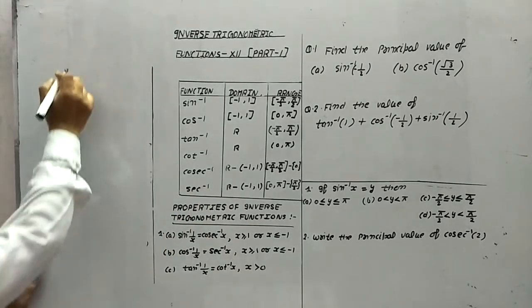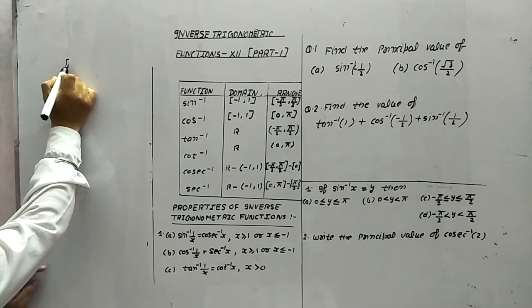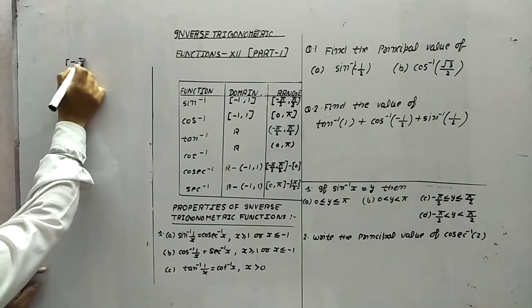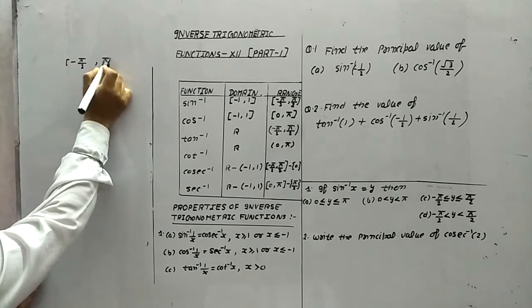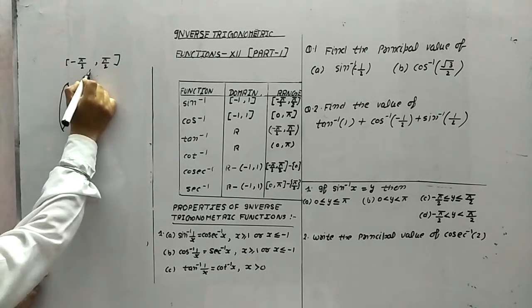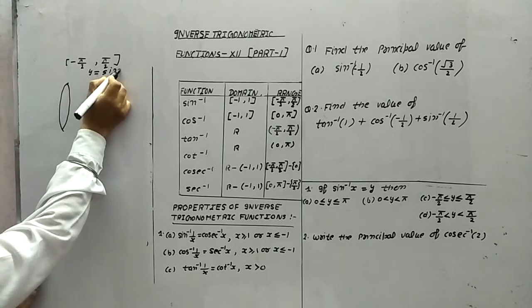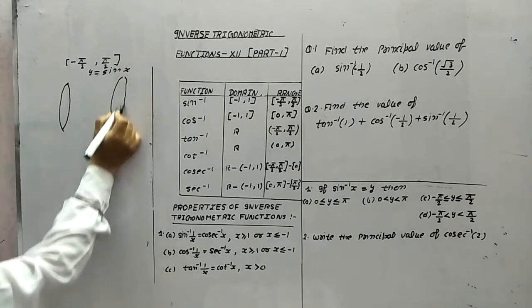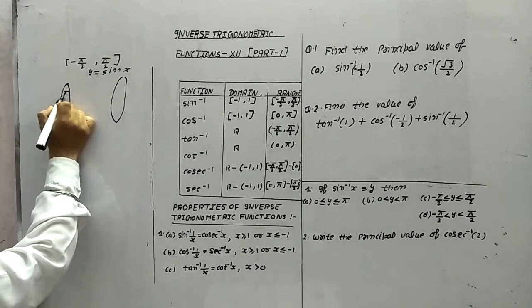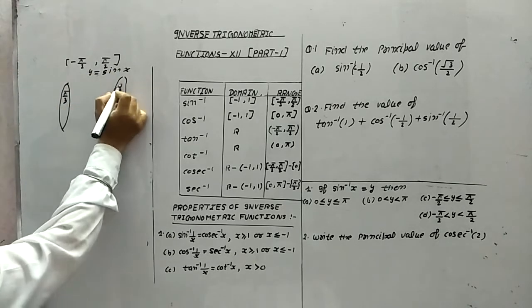Look at this thing. If I take the value minus pi by 2 to pi by 2, if I take any values in between for the sine function, y is equal to sin x. Now look at this thing. If I take pi by 3, now what is the value of pi by 3?